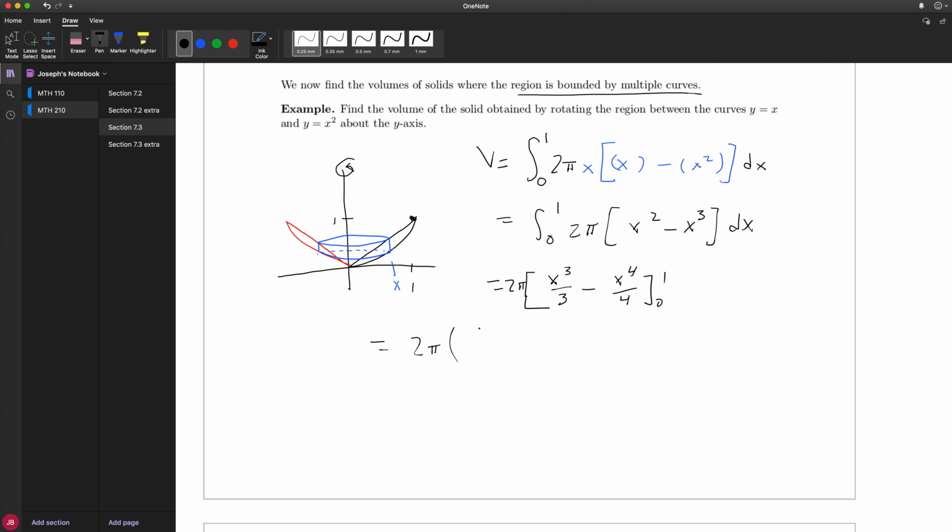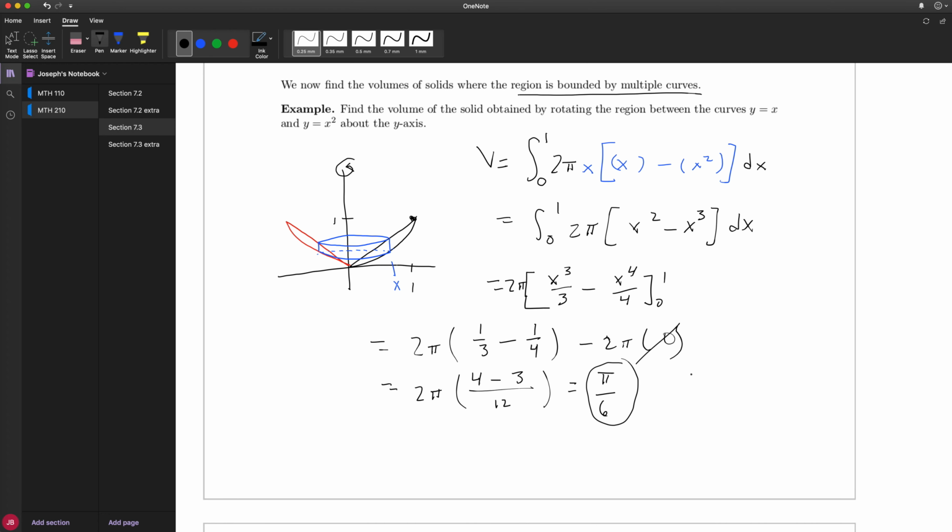I think we're just going to get 1/3 minus 1/4. And then we plug in 0, and I think we can see everything is 0 there, right? Common denominator is 12. Here I get a 4, here I get a 3. So that's 1/12 times 2 pi, which is pi over 6.